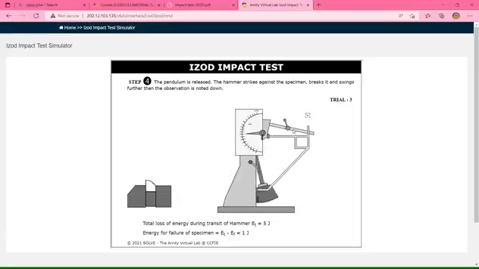For trial 3, the total loss of energy during transit of hammer we got 5 joules, and the energy for failure of specimen we got 1 joule.